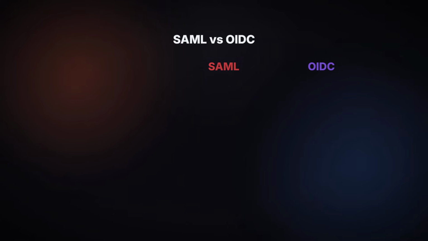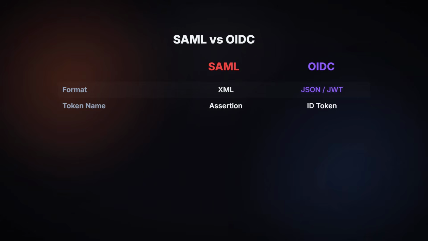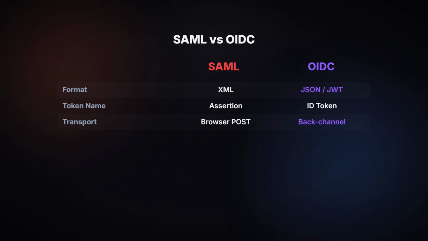Now let's compare SAML and OpenID Connect side by side. SAML uses XML. OpenID Connect uses JSON and JWTs. SAML relies heavily on browser redirects and post requests. OpenID Connect supports modern back-channel flows. SAML assertions are large and verbose.